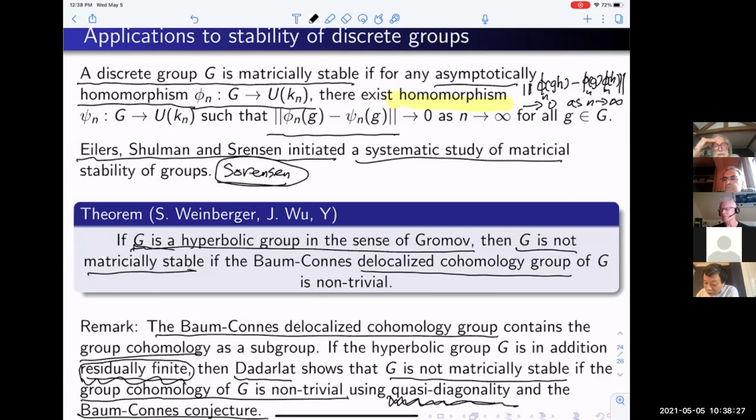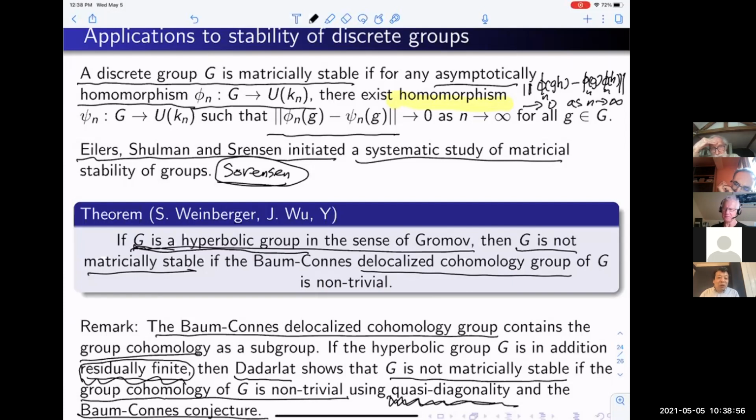So for example, you could ask: is every hyperbolic group residually finite? For group theory people, that's a long-standing open question. In essence, this theorem says that in the K-theoretical sense, the answer is yes. You can find a lot of almost homomorphisms, which gives you a lot of non-trivial cohomology.